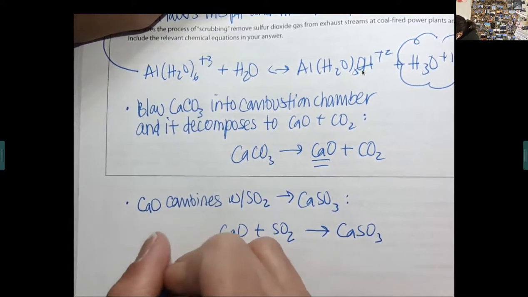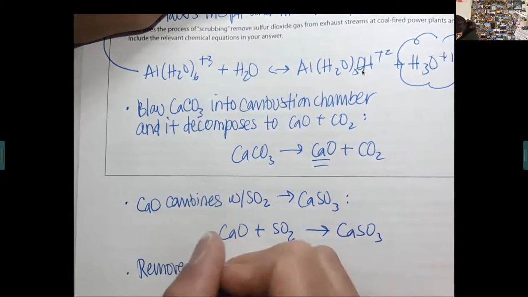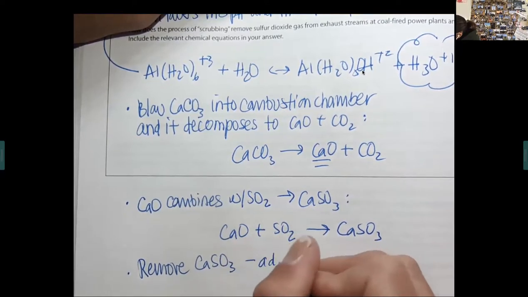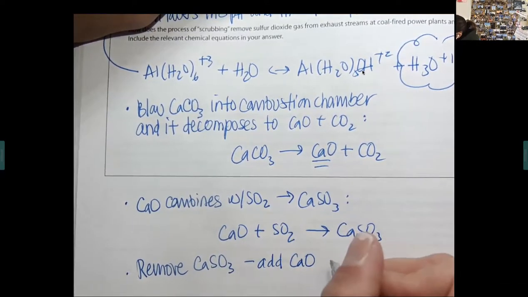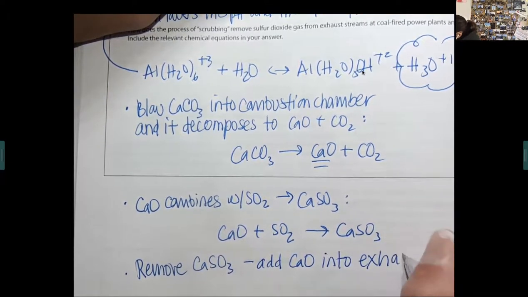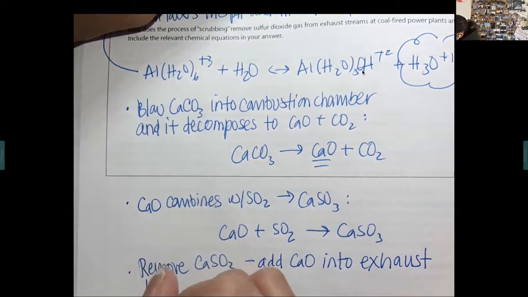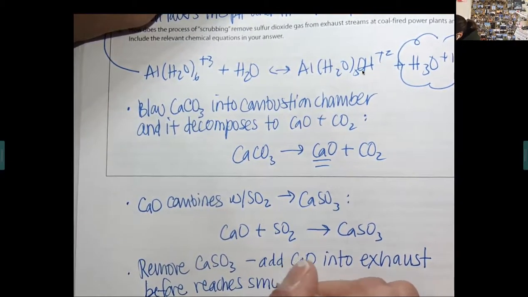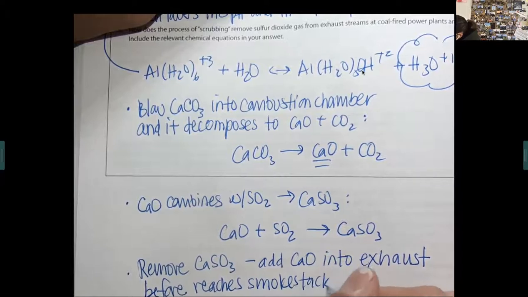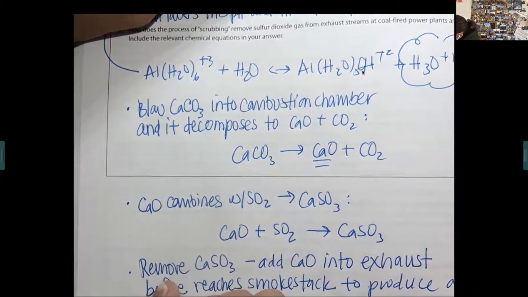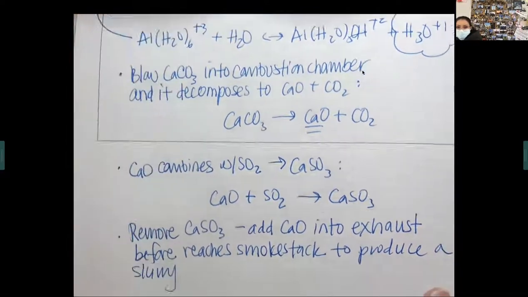Then to remove the CaSO3, they want to add CaO into the exhaust before it reaches the smokestack to produce a slurry, which is then removed.